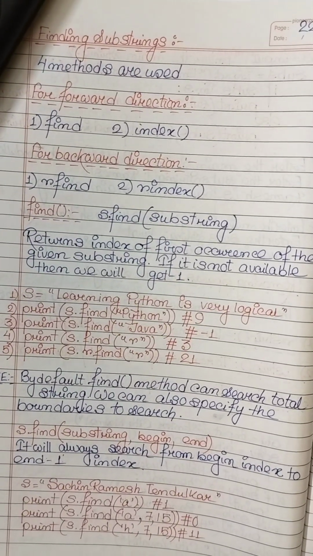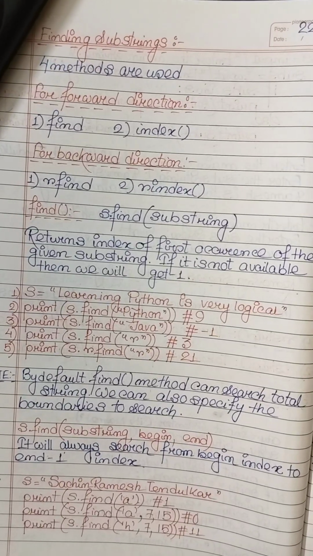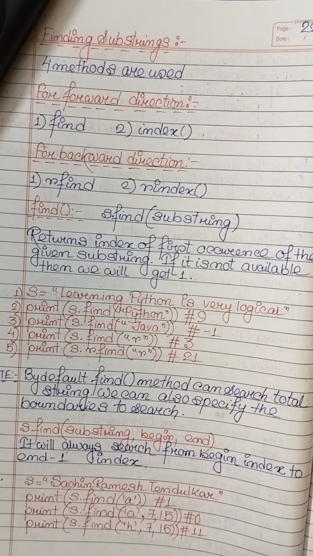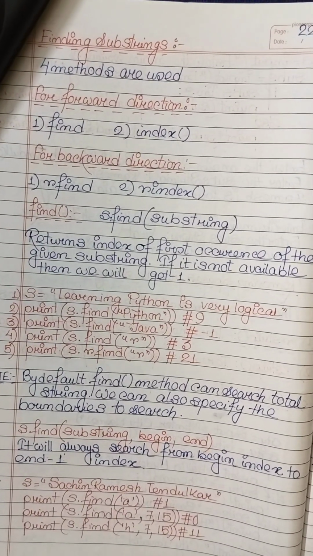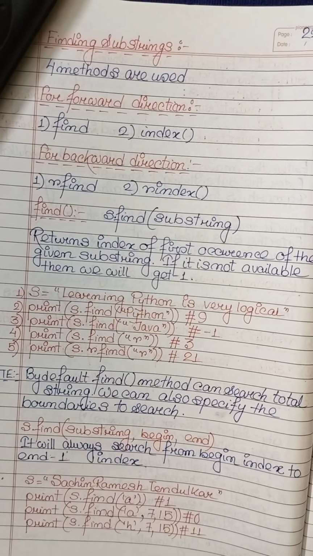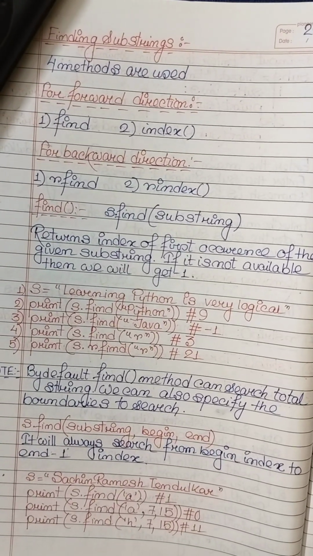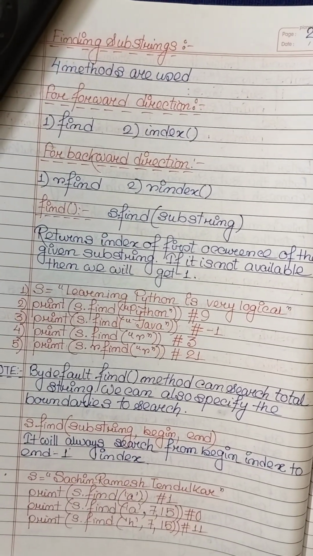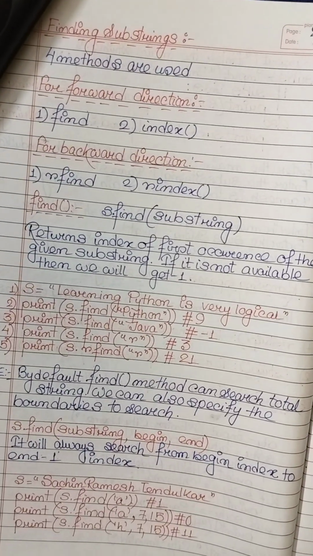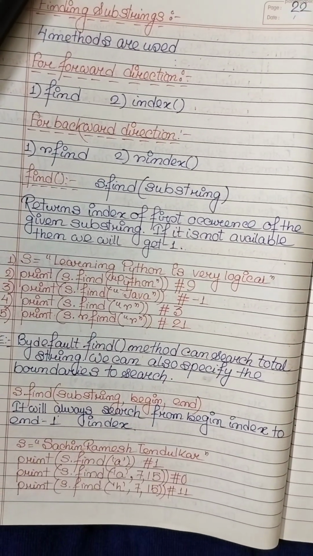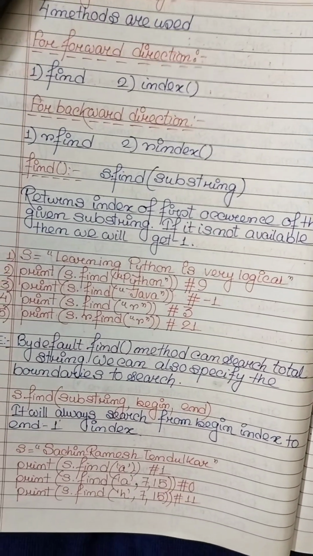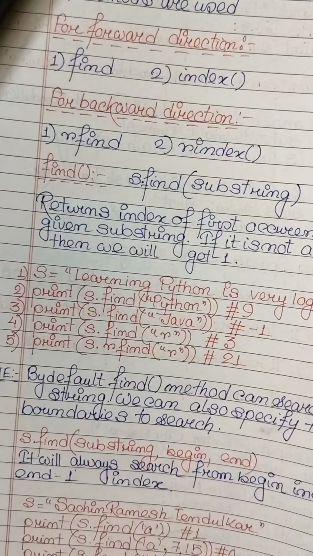For finding a substring, there are four methods that we use in Python. For forward direction, we use find and index. For backward direction, we use rfind and rindex.